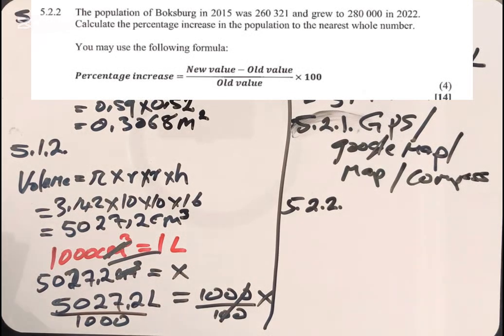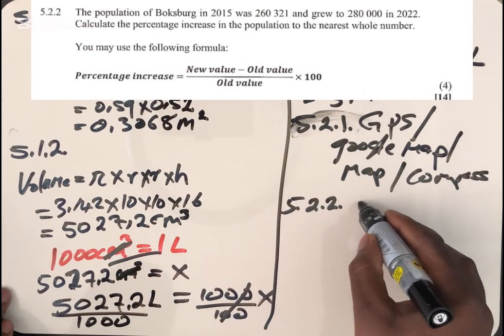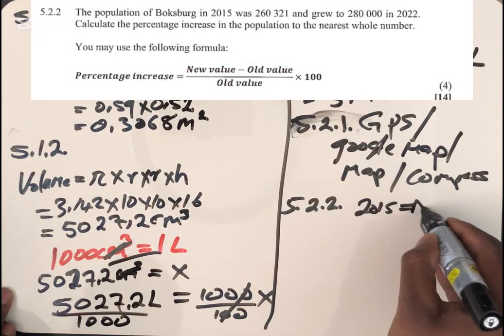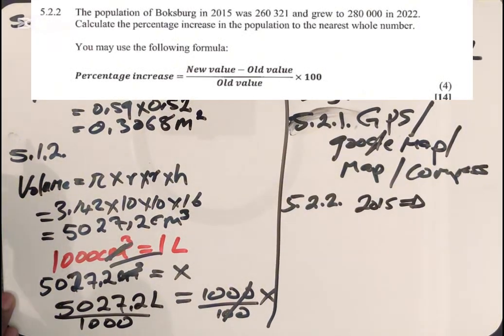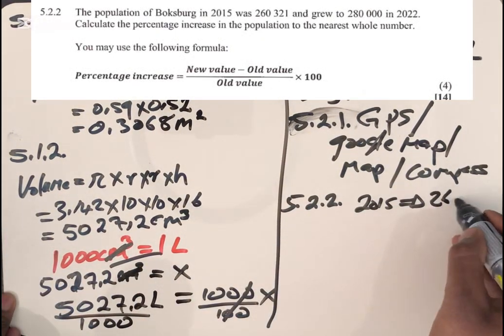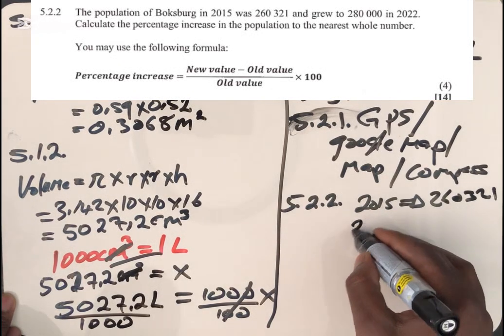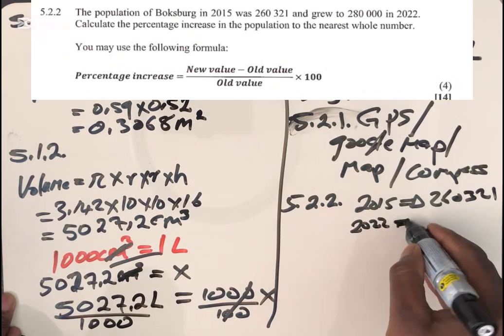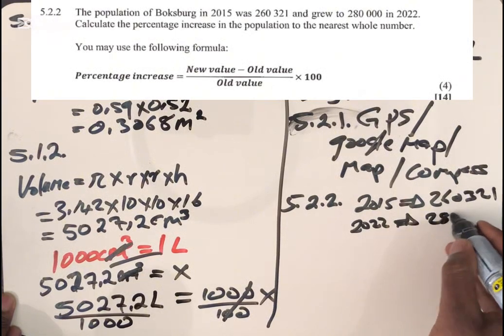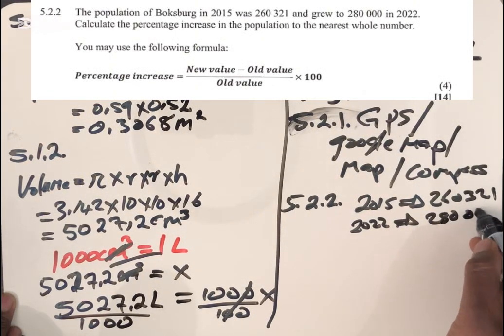Next question, which is our final question here, it says that the population of Boxbeck in 2015 was 260,321, and grew to this in 2022 was 280,000.